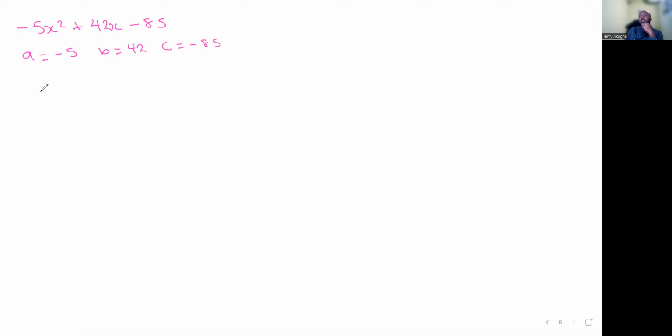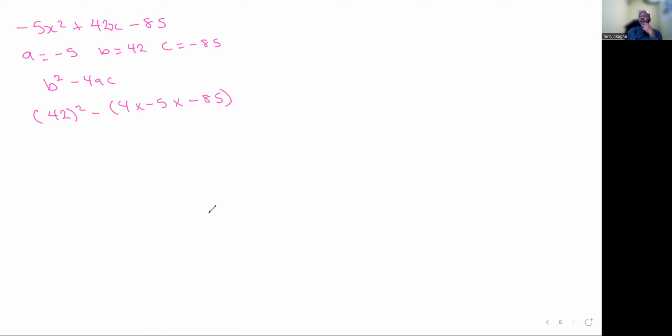All right, so the formula is b squared minus 4ac, and the b is 42 squared minus 4 times minus 5 times minus 85. Because this is negative, negative, it's going to be positive.